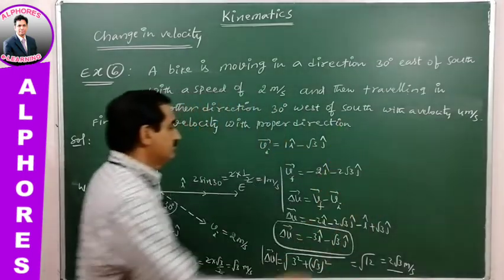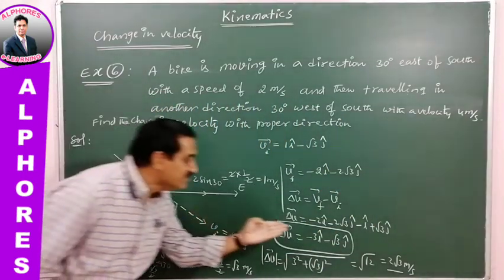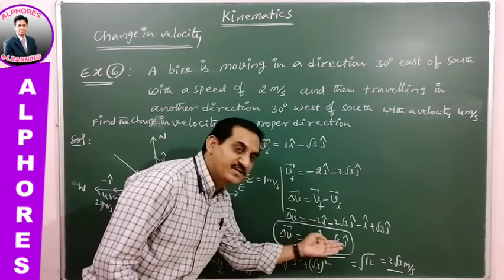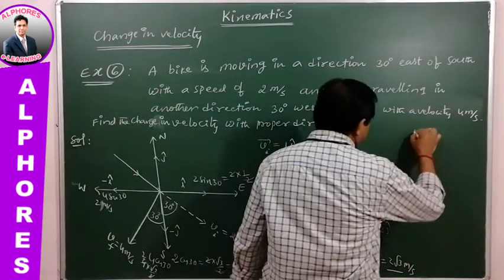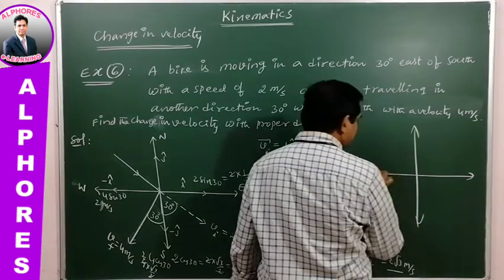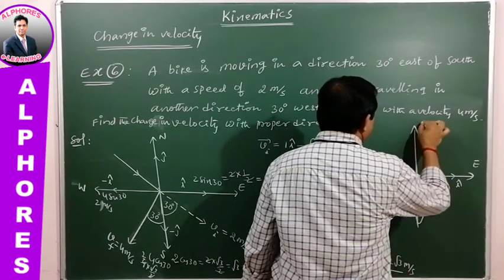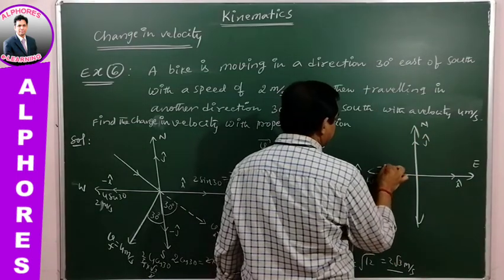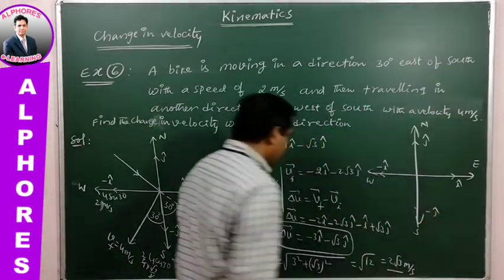This is the magnitude. Then what is its direction? Based on this vector form, change in velocity is very clear, then we can decide its direction. Again the coordinate system: east is I cap, north is j cap, west is minus I cap, south is minus j cap.